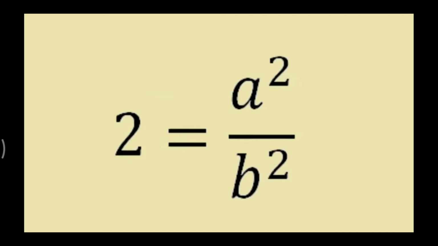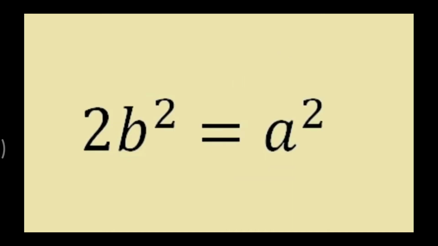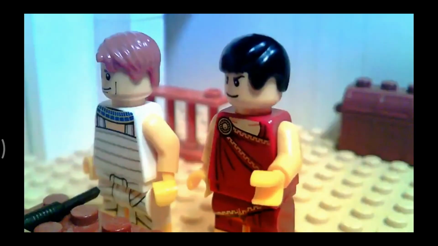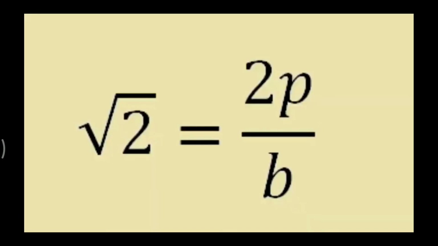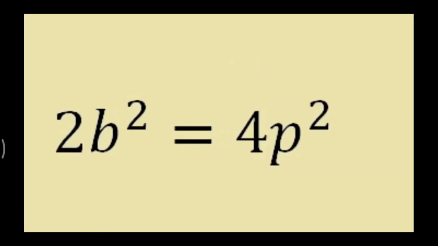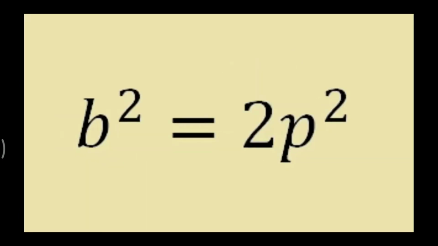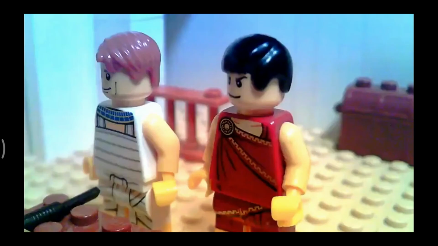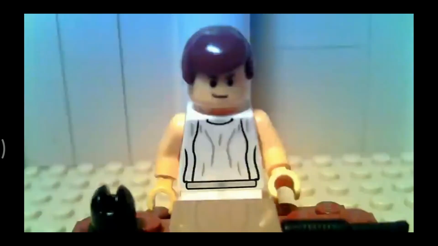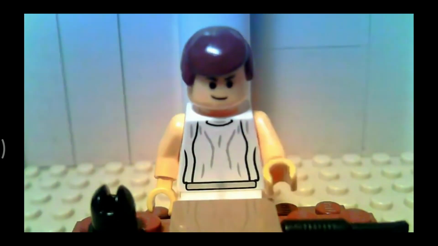So I squared both sides and multiplied by b squared. Since 2 divides a squared, a squared is even, and thus a is even. Makes sense. So what? So let's call a 2p. I squared both sides again, multiplied by b squared again, and divided by 2. So b squared is even, and b is even, so b equals 2q. Still makes sense. So what? So a over b equals 2p over 2q, and it isn't in lowest terms like we said it was.